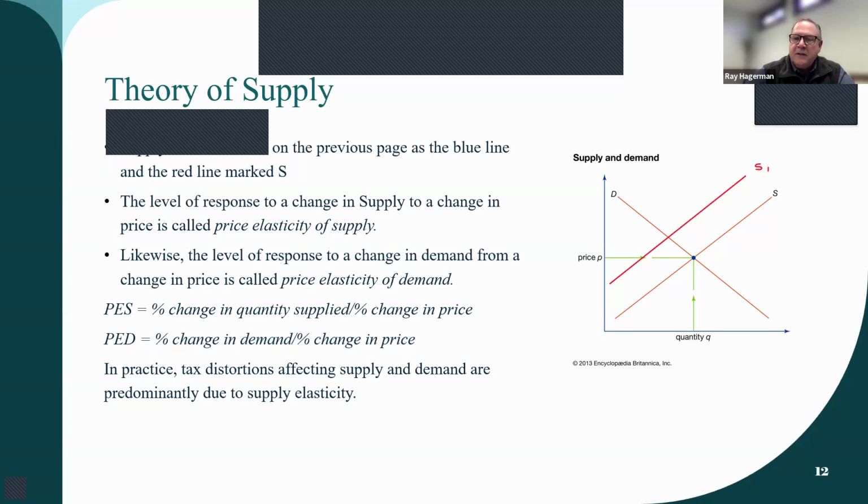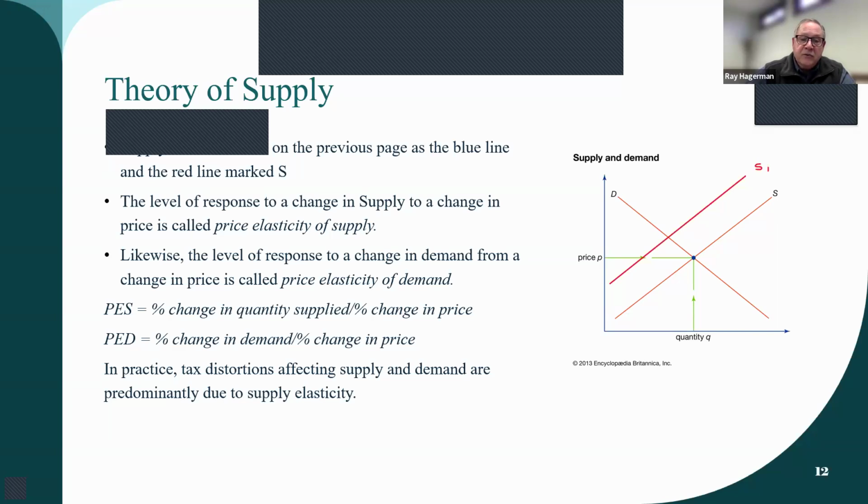So in this particular case, let's say S1 resulted in the price going up. You can see where the supply will intersect at the bottom, and the price went up. Well, guess what? The supply line went up as well. And the difference between S1 and S is actually a finite number.